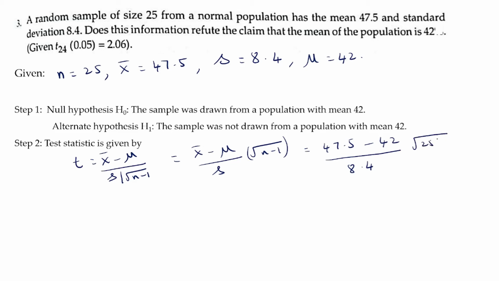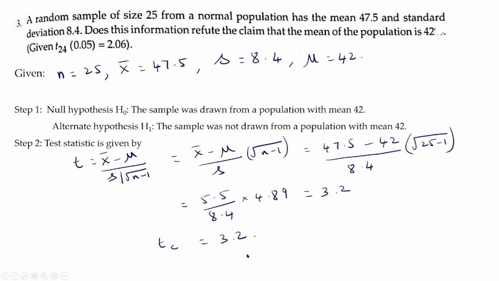Root of n minus 1 is root of 25 minus 1. So this is equal to 5.5 upon 8.4 into root 24. Root 24 is approximately equal to 4.89. So when we simplify, we get this as 3.2. So the calculated value of t, it is equal to 3.2.